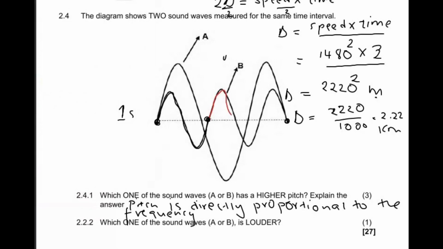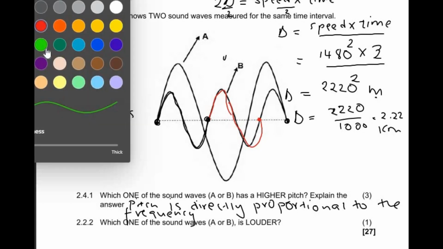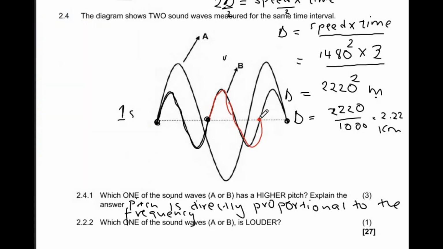There's another completed wave, and then we get a last half wave from here until there. So how many completed waves are in there? We'll say it's 2.5.